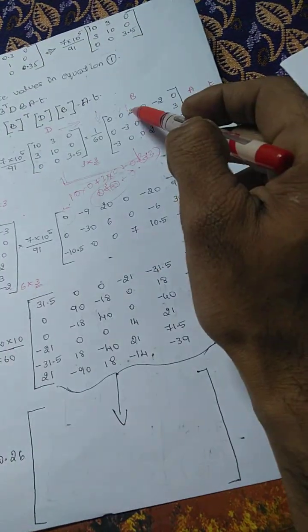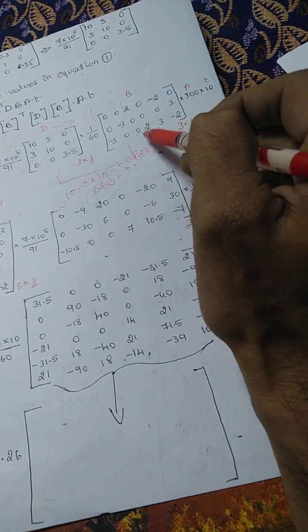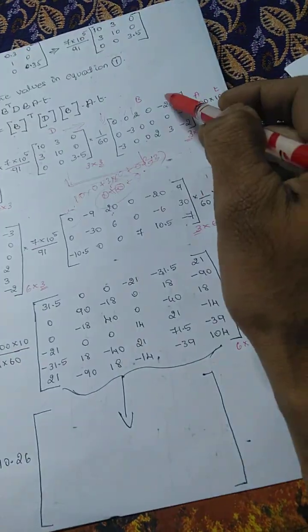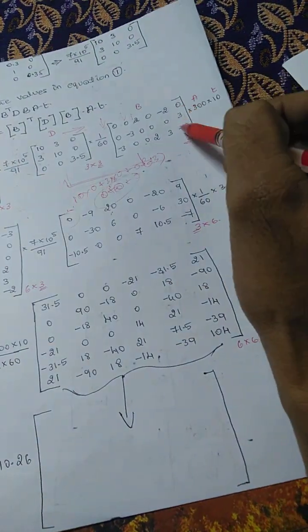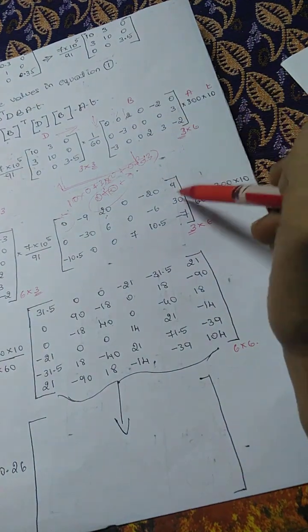So 20 plus 0 plus 0, that is 20. Like that, this and this will give you the fourth one, this and this the fifth one, this into this is the sixth one.